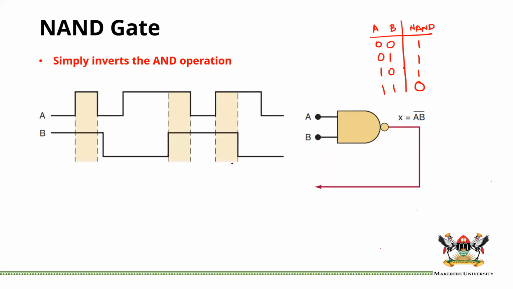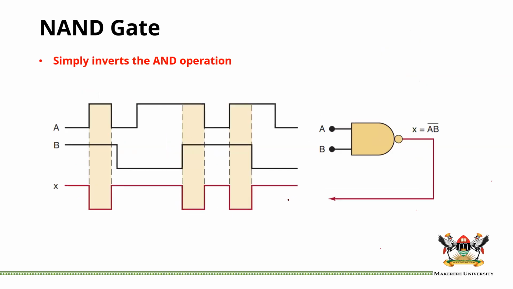Here the two inputs are high, you have a 0. Here the two inputs are high, you have another 0. Otherwise, it will be 1.